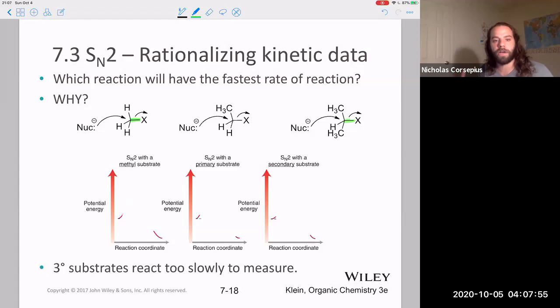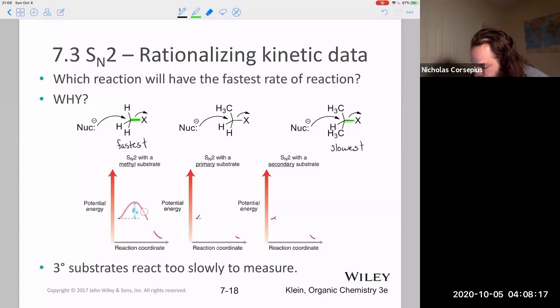And so then how can we illustrate what goes on with these reactions in terms of their rate? Remember that the methyl is going to be the fastest, and the secondary is going to be the slowest. So how can we illustrate that using our reaction coordinate diagrams, our free energy diagrams?